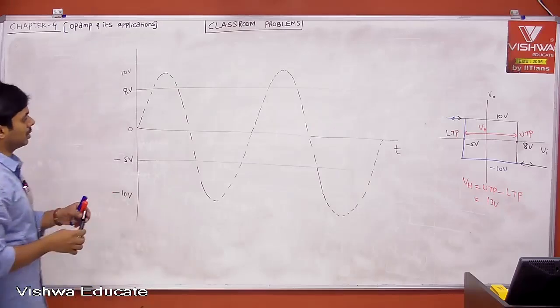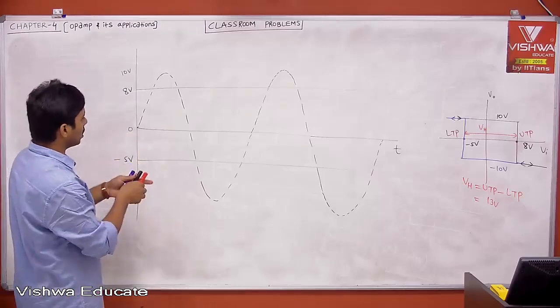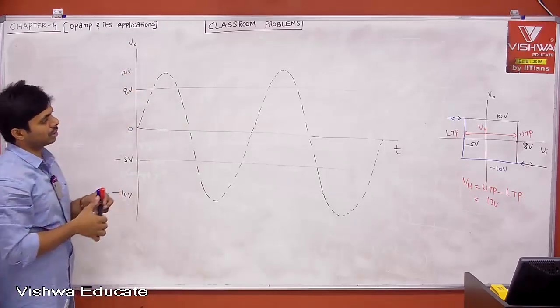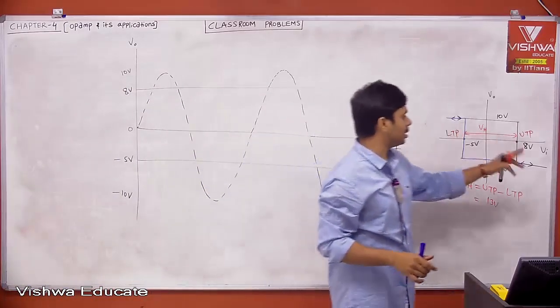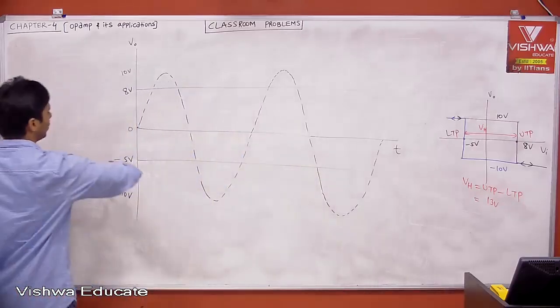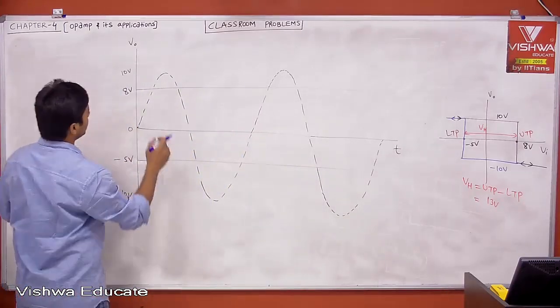Now, tell me. Therefore, when input is increasing, I want to know what the output is. Therefore, what is the output V0? When input is increasing from minus infinity to plus infinity, in the forward direction, the switching point is 8. Less than 8, output is 10.